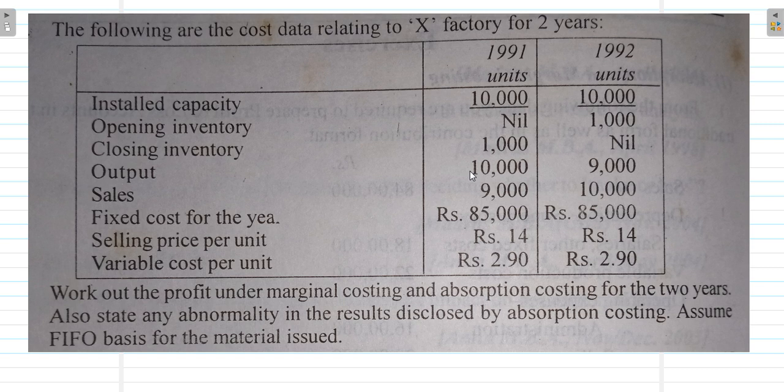Output under each year is 10,000 units and 9,000. Sales is 9,000 and 10,000 units. Fixed cost for the year is 85,000. Selling price per unit is 14 rupees and variable cost per unit is 2.90 rupees.